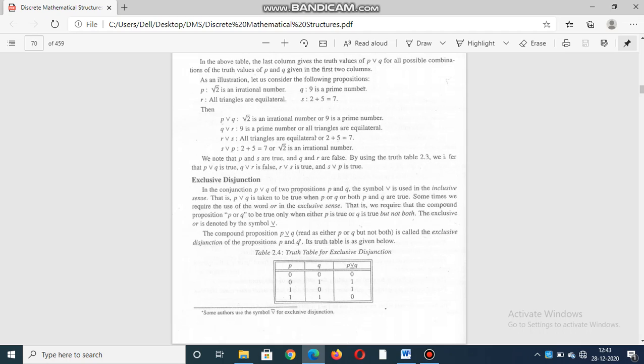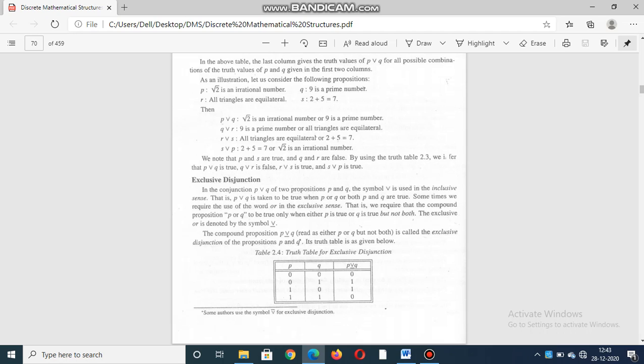Next is exclusive disjunction. In this exclusive disjunction, you observe properly. The symbol is the disjunction with a dash below it. We call this P exclusive disjunction Q. Here any one element should be 1 and the remaining one 0, then only the output is 1.